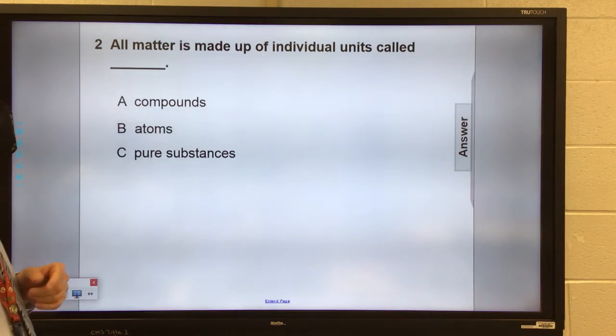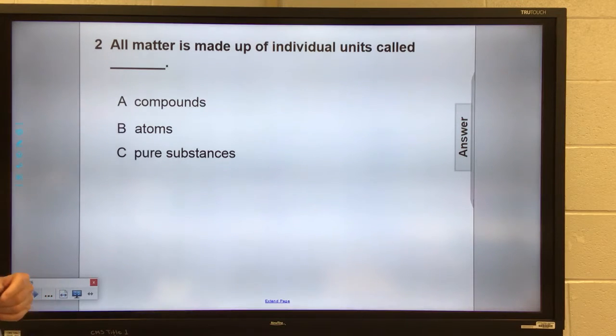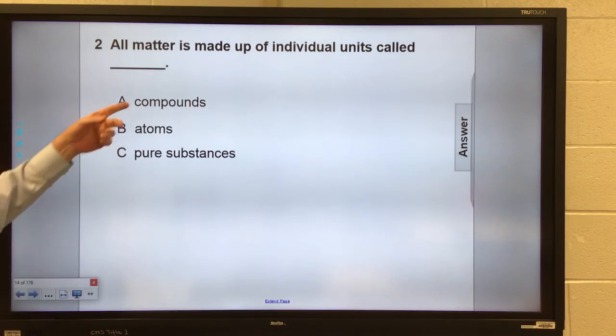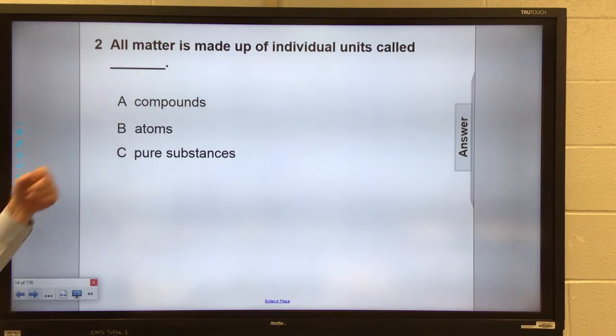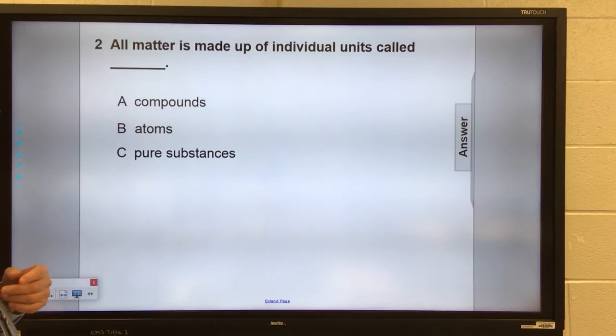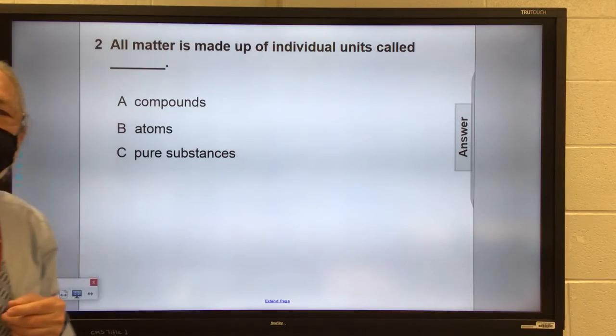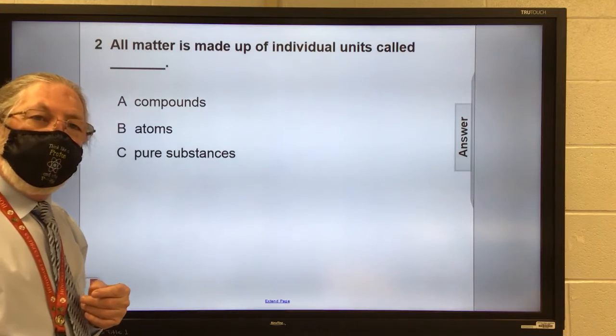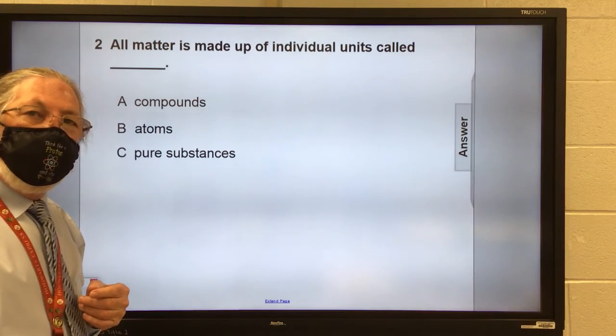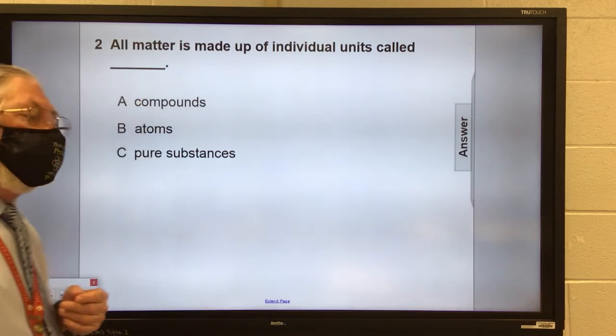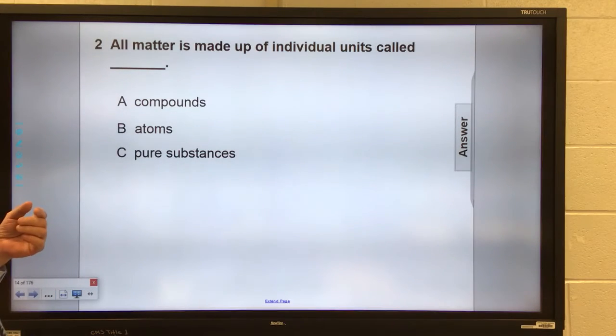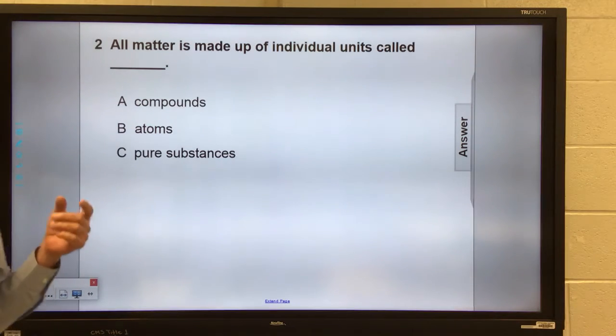All matter is made up of individual units called what? Compounds, atoms, or pure substances, Lily. Lexi. Okay, who's got an idea? Tyler?